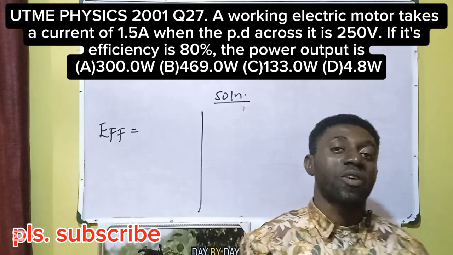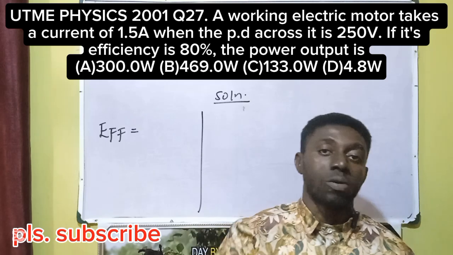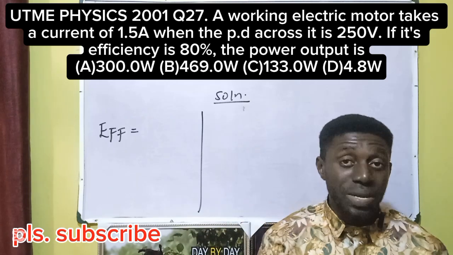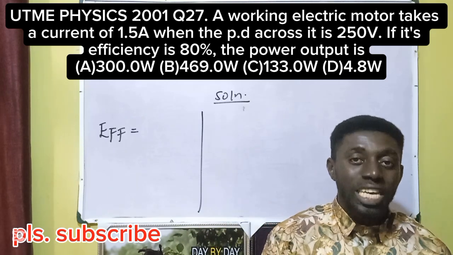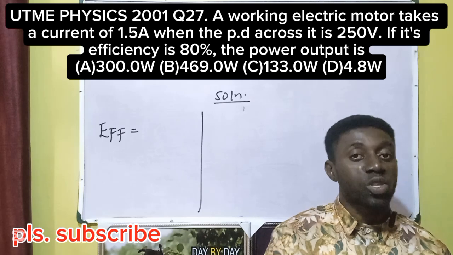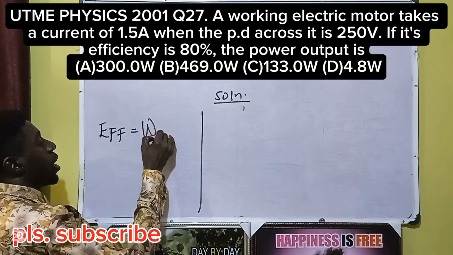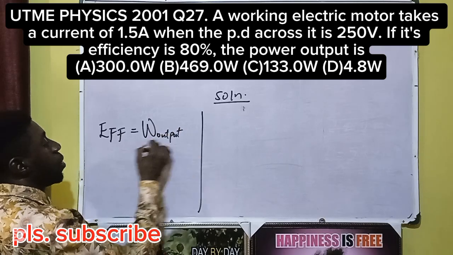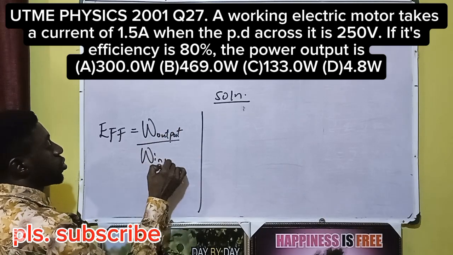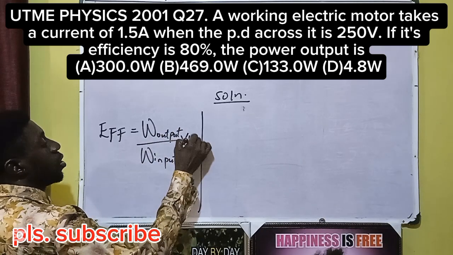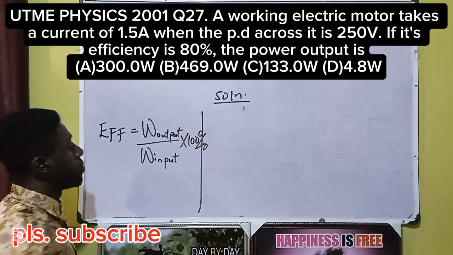Please, never make the mistake of keeping the work input as the numerator. The input is always the determinant. It stays under. The input is your denominator, while the output is your numerator. So work output all over work input times 100%.